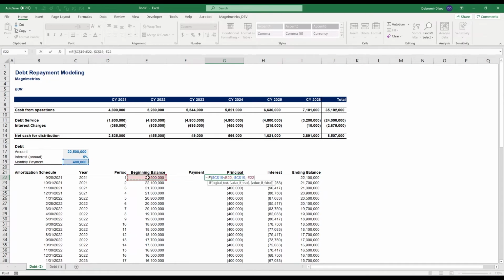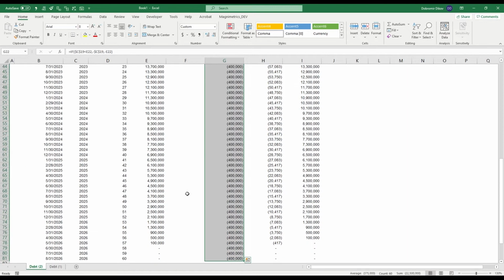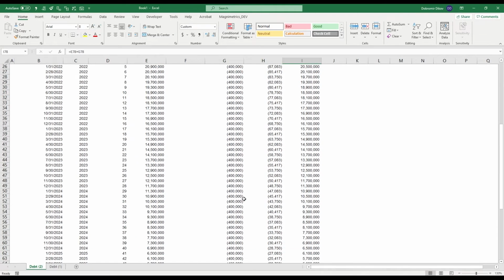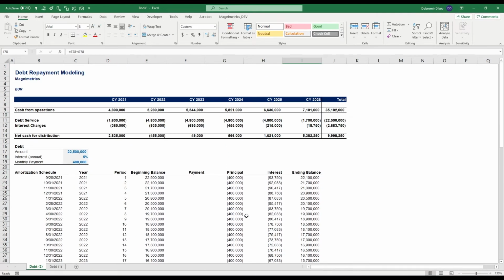So the idea is that if we have 200 here, our monthly payment is going to be larger than 200, so instead of just giving minus 400, it's going to give us minus the 200 here. Okay, let's copy this down, and you can see that in the 57th month, we're pretty much done with our loan. This is another way to model it when we have less information.